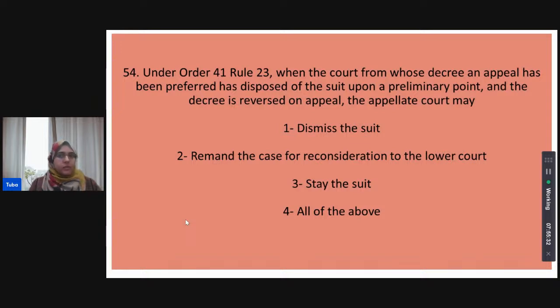So, the court is disposing the suit on a preliminary point, and then the decree is reversed on appeal. What is the appellate court to do? Dismiss the suit, remand the case for reconsideration to the lower court, stay the suit instead, or do all of the above.